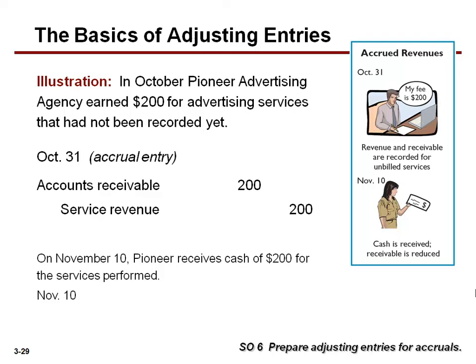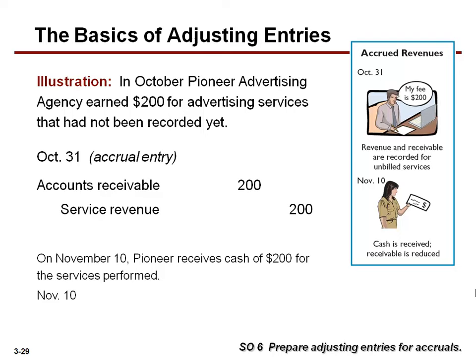And here, let's say we discovered that we have an unbilled service. Let's record that service at month end and send out the bill to the customer. In this case here, whenever the sale was made, we told our customer, you have until November 10th, the next month, to pay us. That's a separate but related transaction.